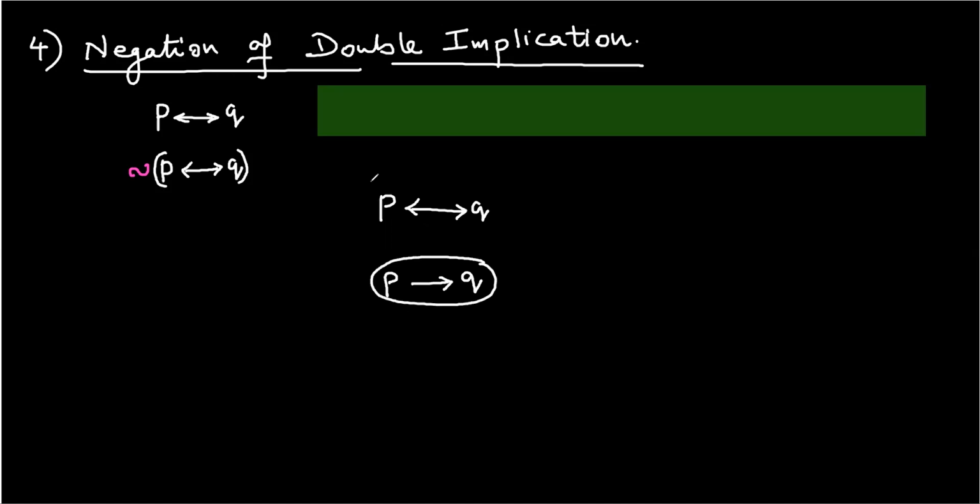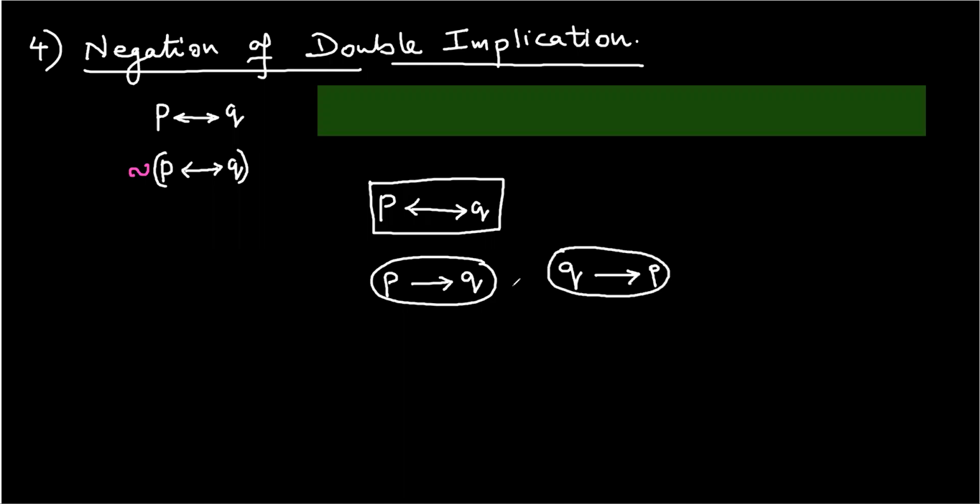So when you have P double implication Q, P is implying Q and Q also implies P.